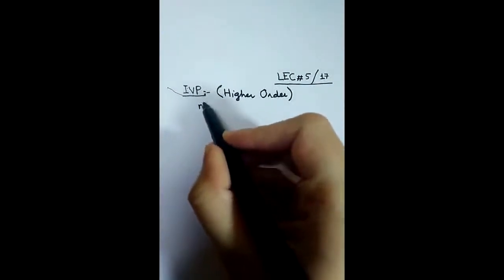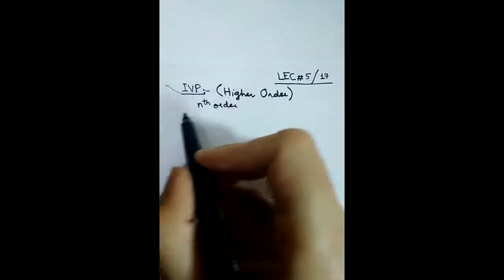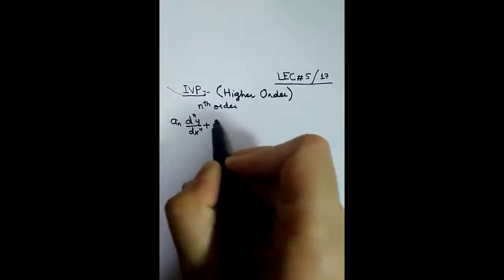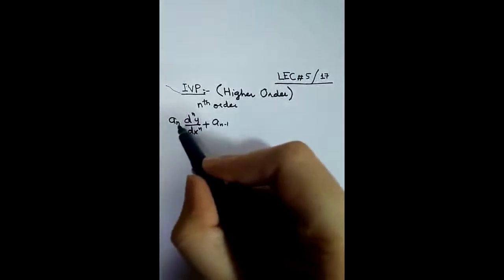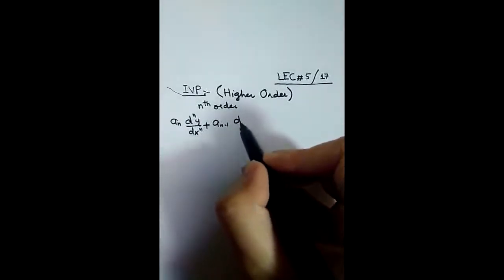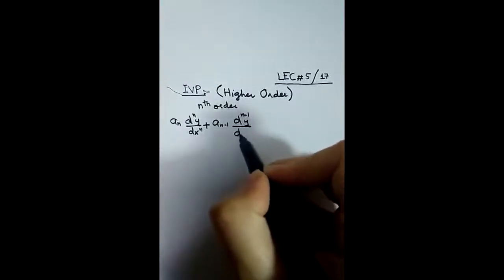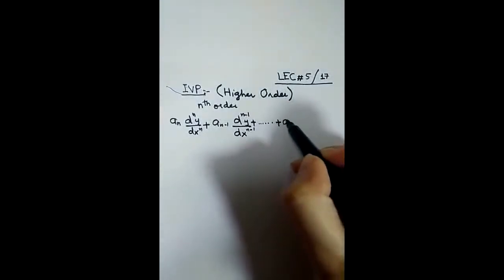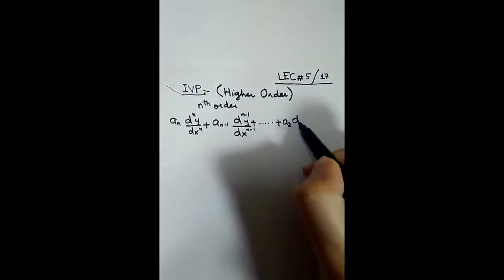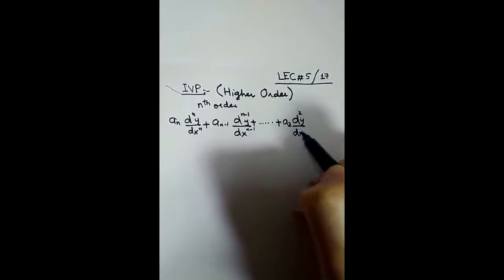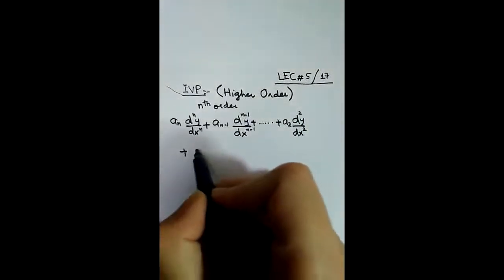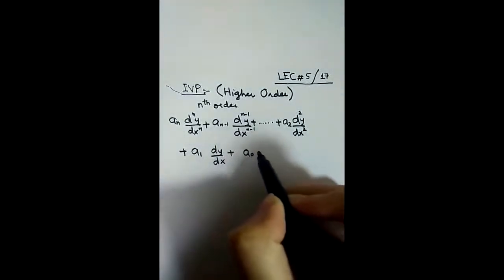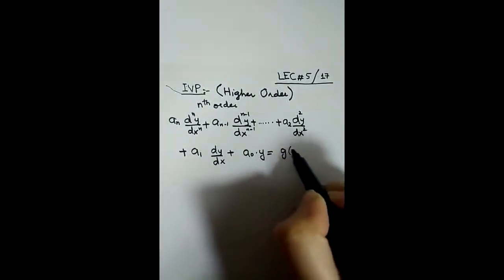The nth order differential equation is the coefficient an along with the nth derivative, plus this coefficient, which is a function of the independent variable x, times d^(n-1)y/dx^(n-1), and so on, a2 of x times d²y/dx², plus a1 times the first derivative, plus a naught times y equals g of x.